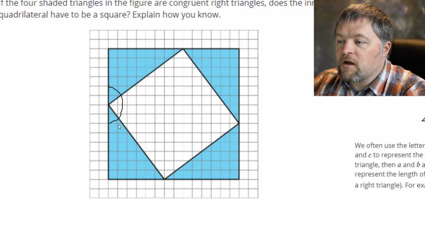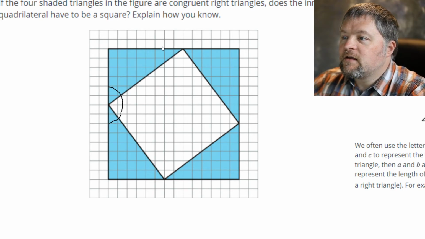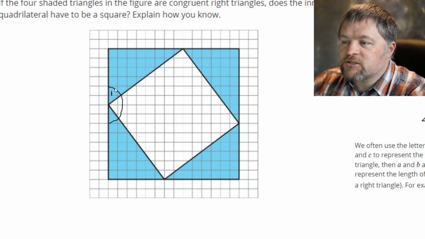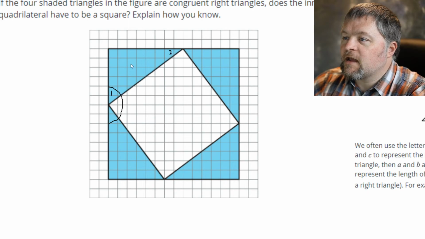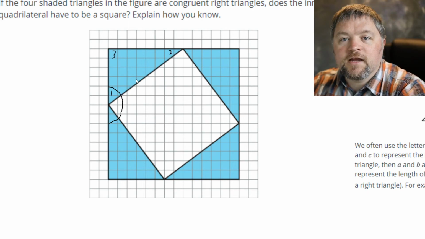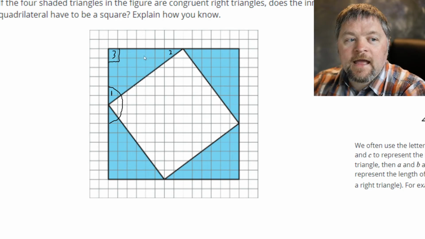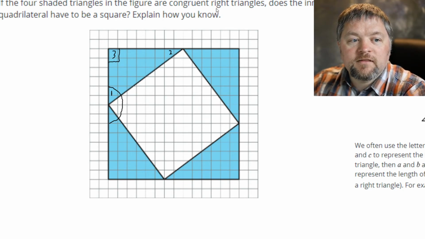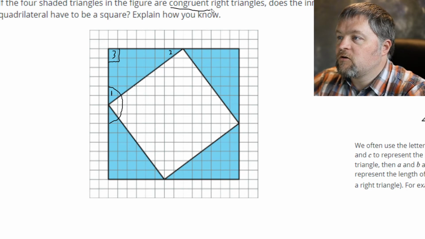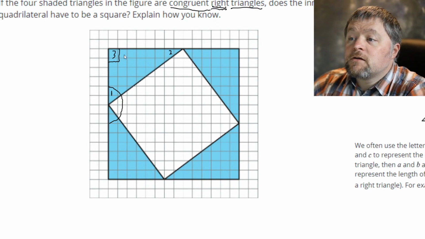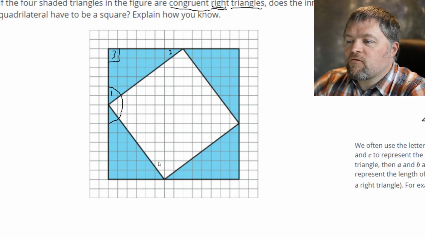We also know that if these triangles are all congruent, if I call this triangle as having angle 1, angle 2, and angle 3, we know angle 3 is a right angle because we know these are congruent right triangles. So we know angle 3 is a right angle.